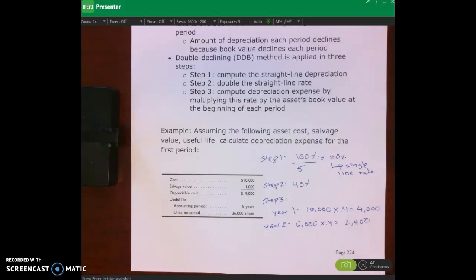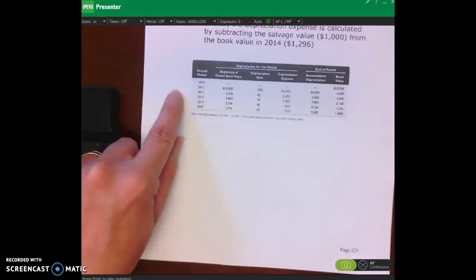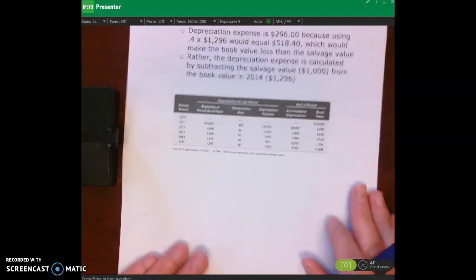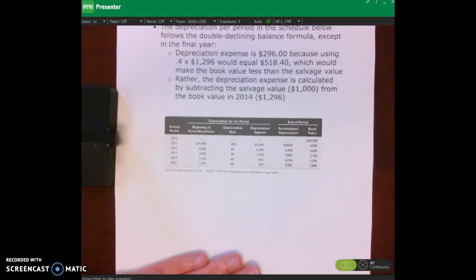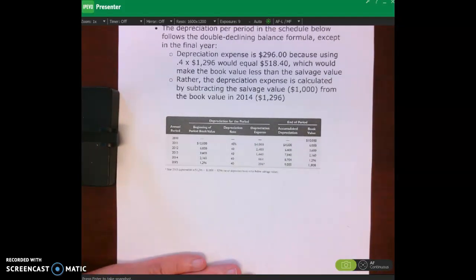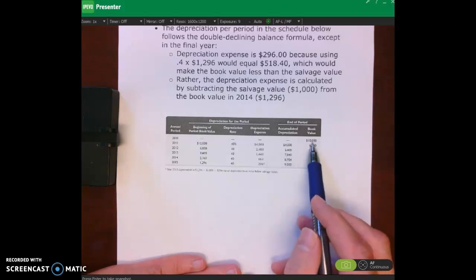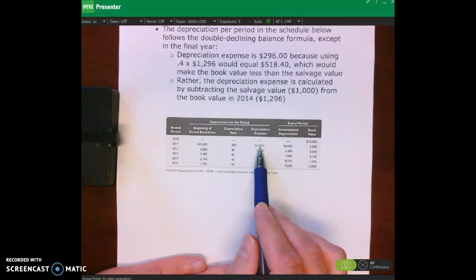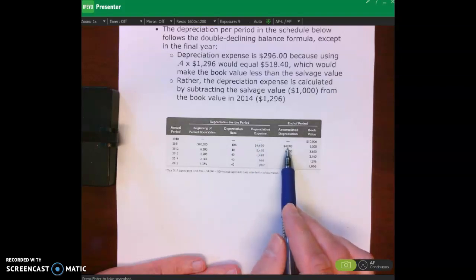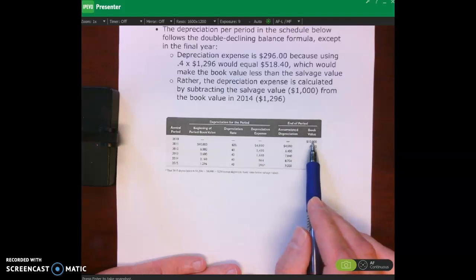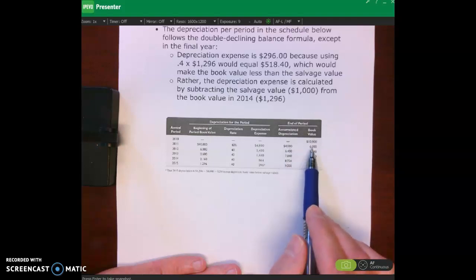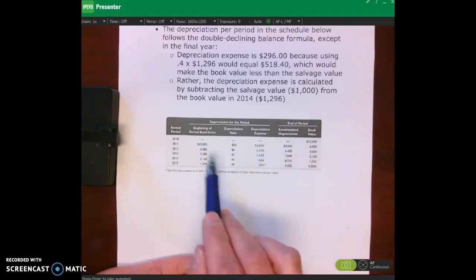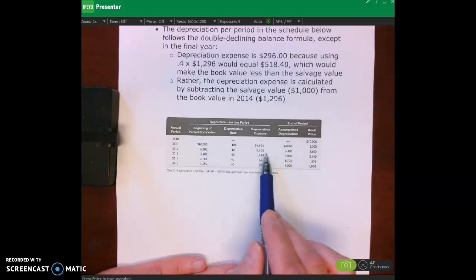All right. If we look on this next page, this shows us our depreciation schedule. We have a wrinkle here with our double declining. We have our initial book value. Depreciation rate is 40%, gives us depreciation expense of $4,000. Accumulated depreciation is $4,000. $10,000 cost minus accumulated depreciation gives me the book value of $6,000. Then $6,000 times 0.4 gives the second year $2,400.